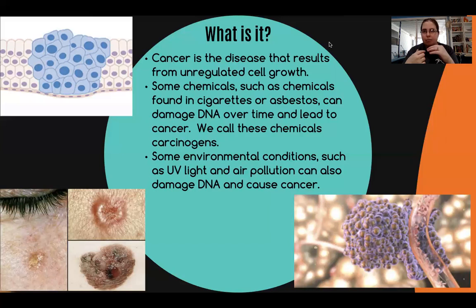Or is it more further removed? The further they are removed from you, the less likely that you would have the same genes that led to them getting breast cancer. If it's your mom or your sister, you're more likely to also develop breast cancer. It doesn't mean that you will. It just means you have a higher probability of having the genes that will cause that unregulated cell growth within the breast tissue.